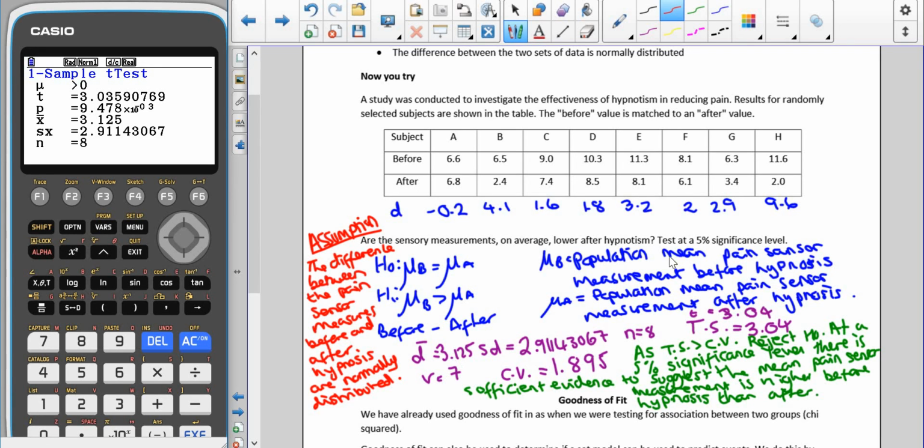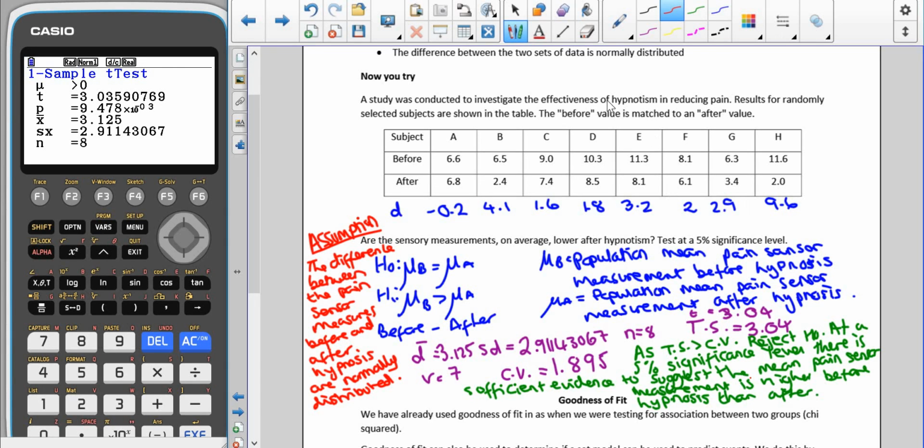And this time, because it's a one-tailed test, we're going to be looking down from 0.95 across from 7, which gives us 1.895. So as the test statistic is bigger than the critical value, we reject H0 at a 5% significance level. There is sufficient evidence to suggest that the mean pain sensor measurement is higher before hypnosis than after.